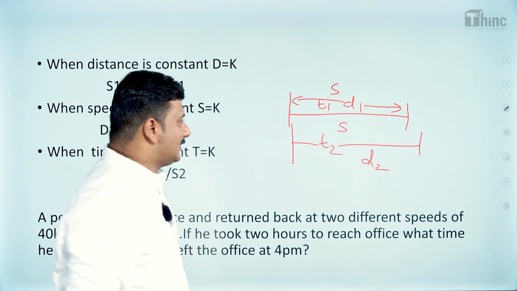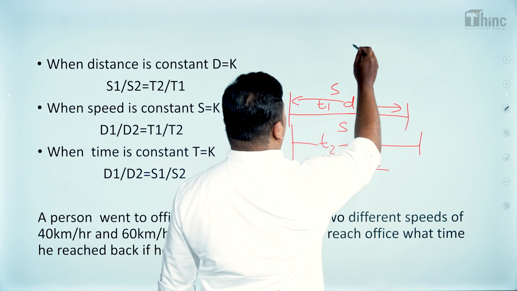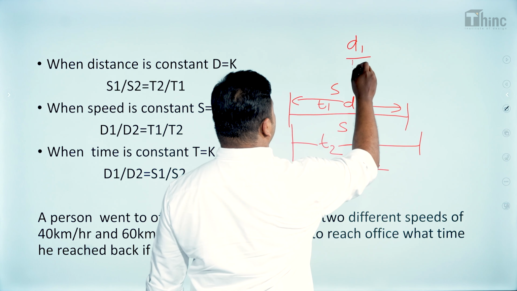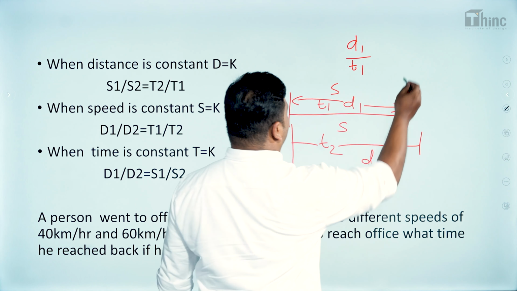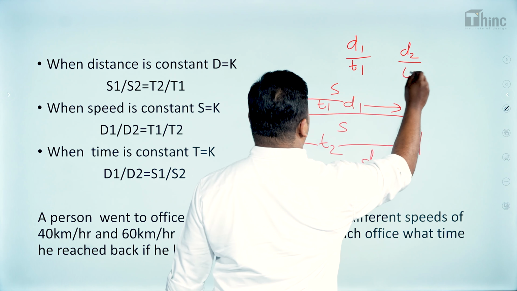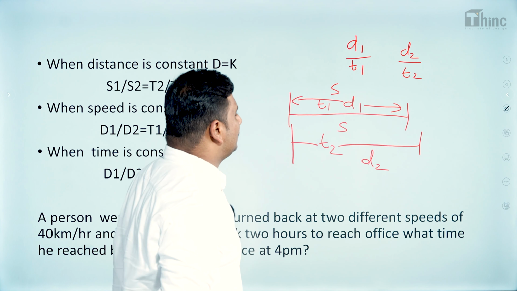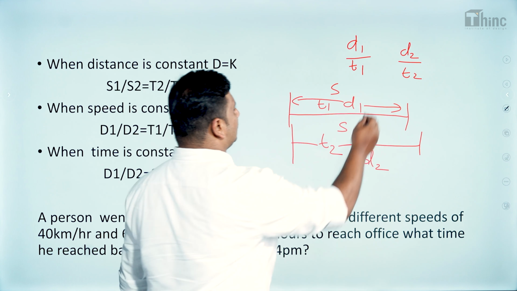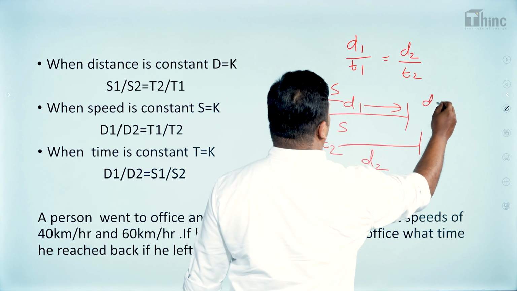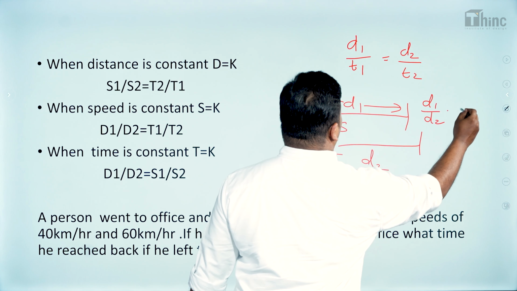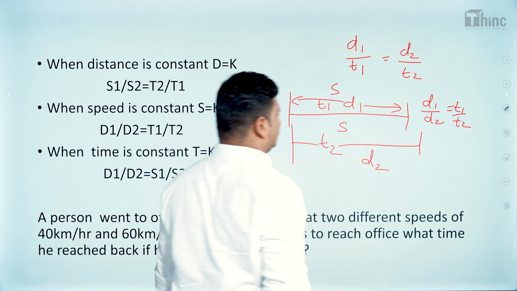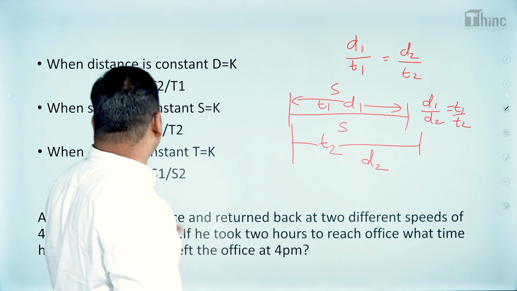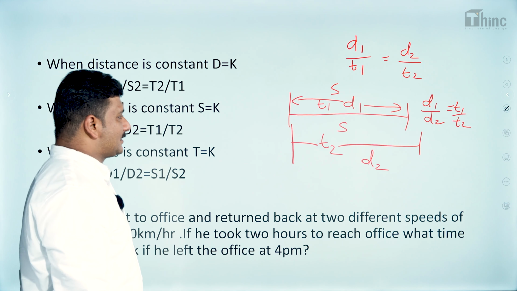Speed is constant. What is speed? It is distance by time. So speed in the initial case is d1 by t1, and in the second case it is d2 by t2. Since speed is constant, d1 by t1 and d2 by t2 are the same, so we can write d1 by d2 equals t1 by t2 when speed is constant.